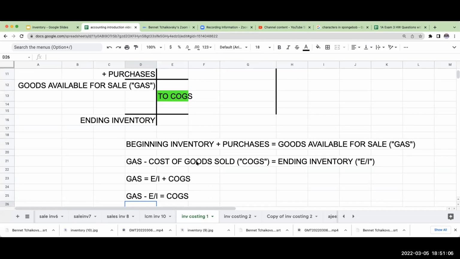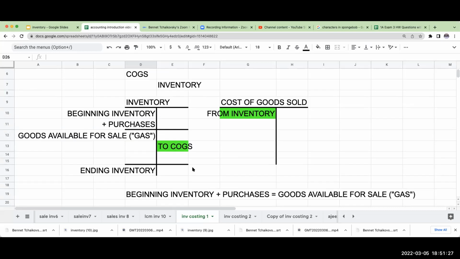This is extremely important because as we handle these different types of inventory questions, we're going to have a lot of different ways we can check our work. So understanding the relationship here is going to be very, very important.